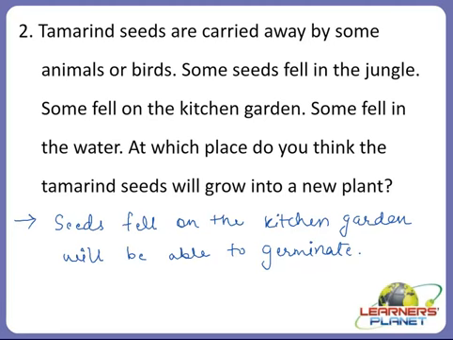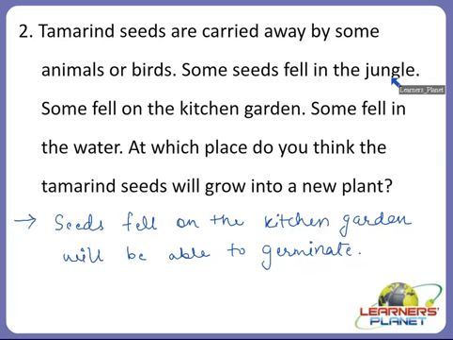The third situation which has been mentioned is the water. They will not be able to germinate in the water because these seeds do not germinate in water. Right? This is not an aquatic plant, so this will not germinate in water. That is for sure. The second condition is that they fell in the jungle. So the jungle also contains some soil, right? But in the jungle there are many such plants.